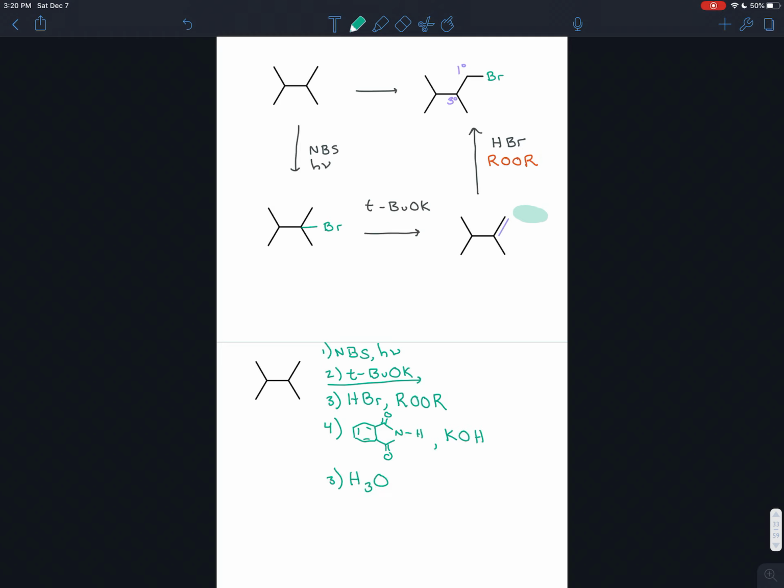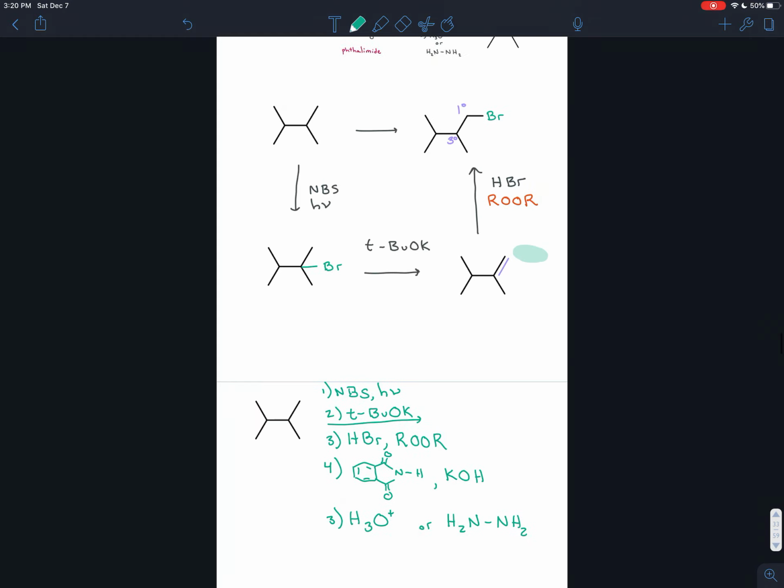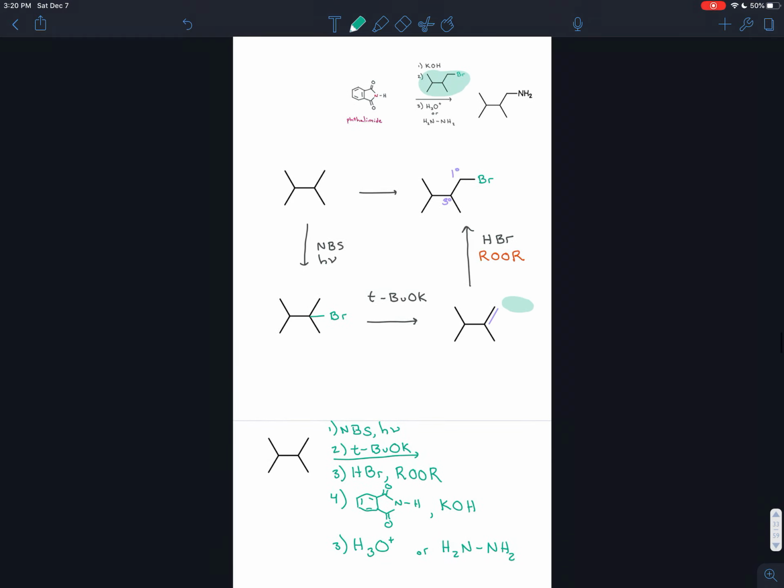We could either use hydronium, or you could use hydrazine. And that final step would give you the amine through the Gabriel synthesis.